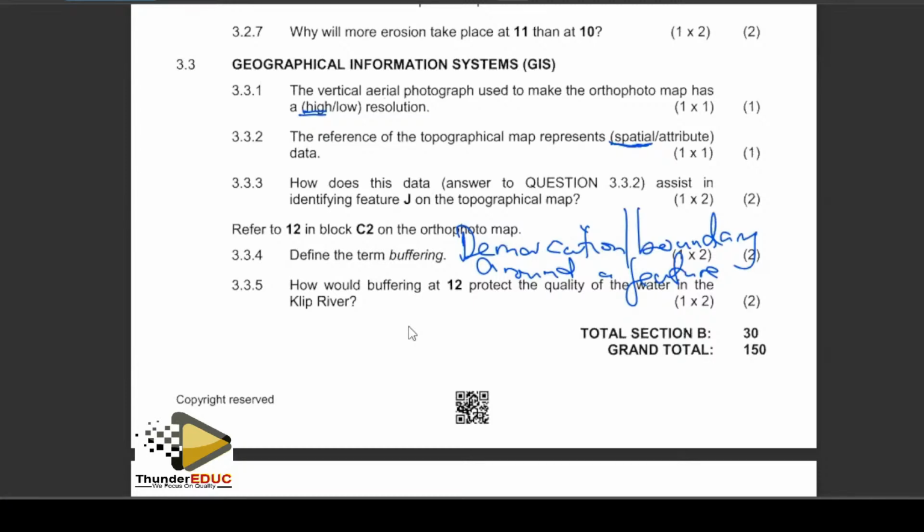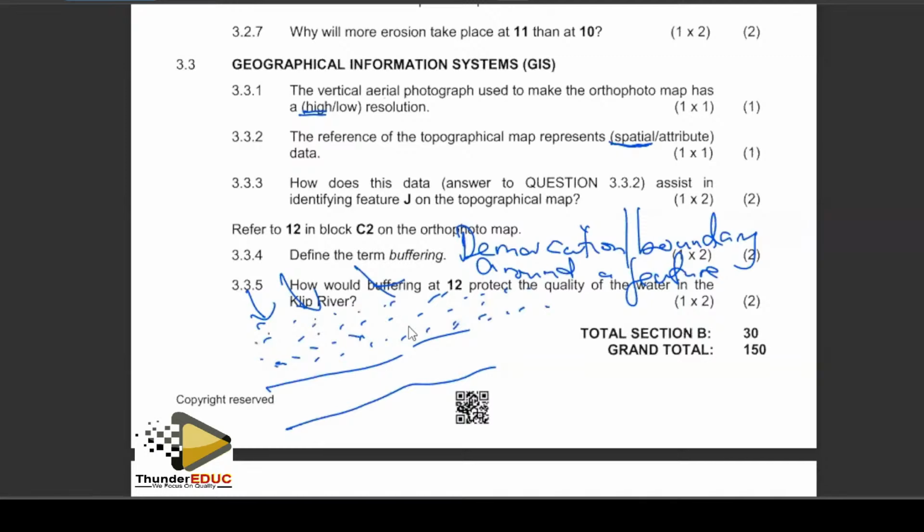If you are buffering a river, we are having Klip River, then we don't want development to interfere with the river. We plant trees here to show that this is now the area of the river. There should be no human activities or development happening here. This is buffering. We've put a boundary. These trees are resembling that no human activity must interfere here.